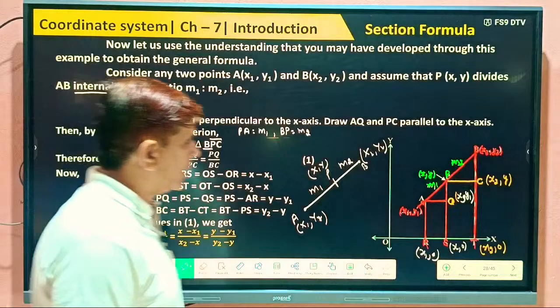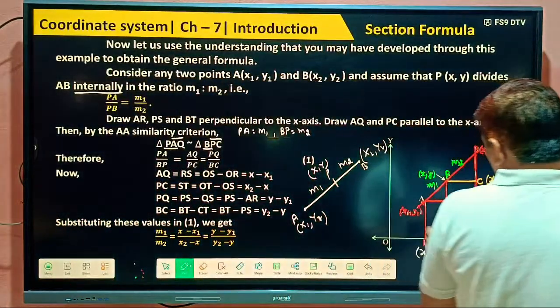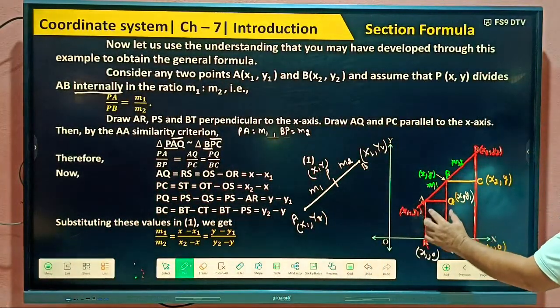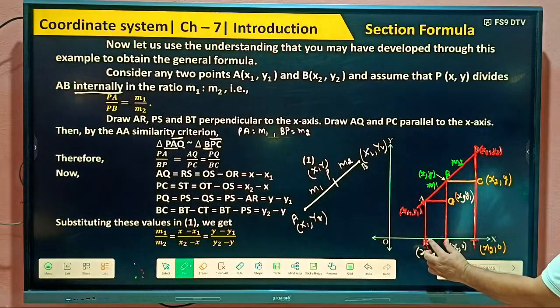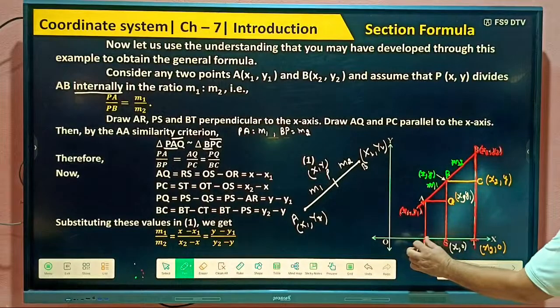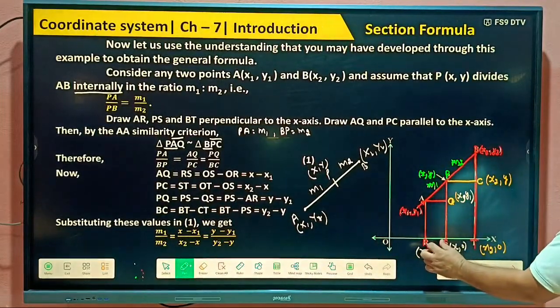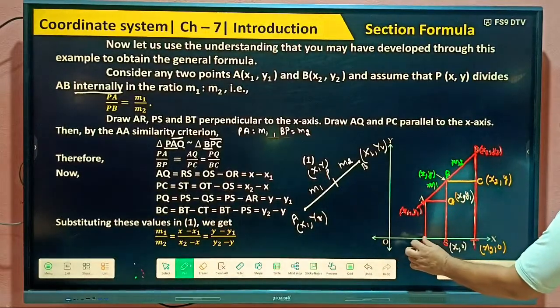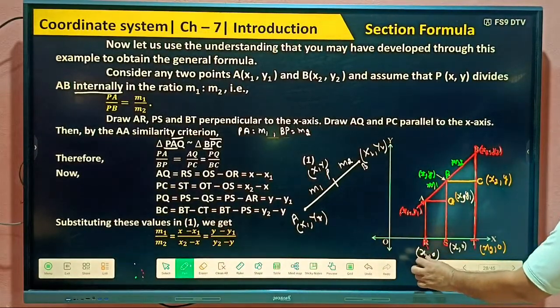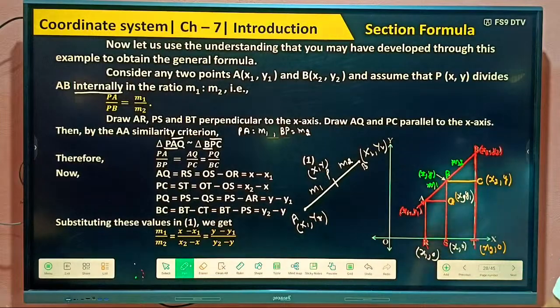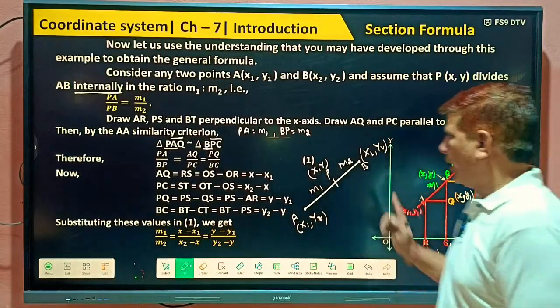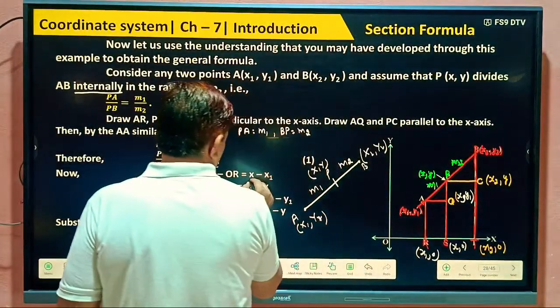Now find AQ, this distance. This distance is equal to this. How much is its distance from the origin? x units. And how much is the distance of this from the origin? x1 units. So AQ equals x minus x1.